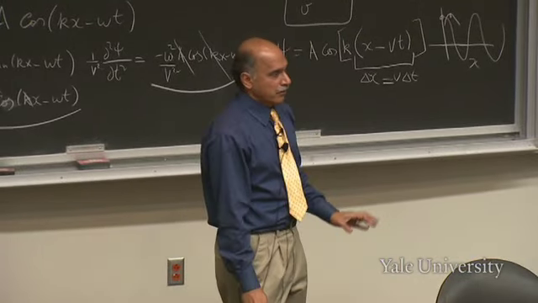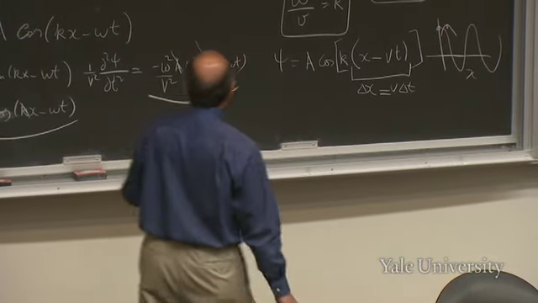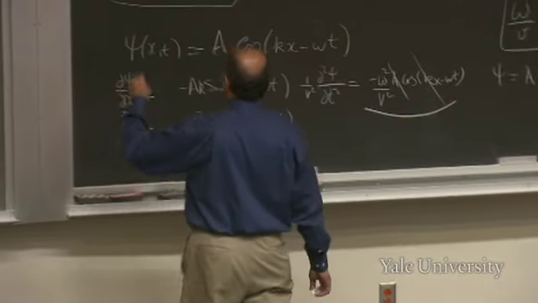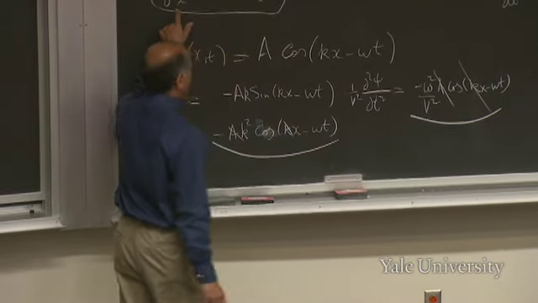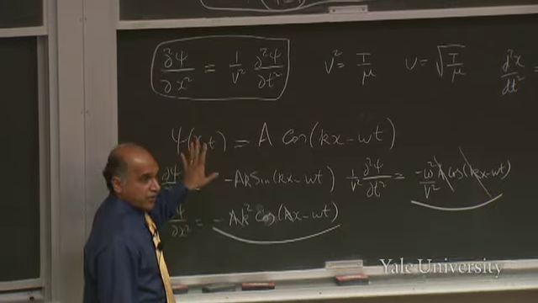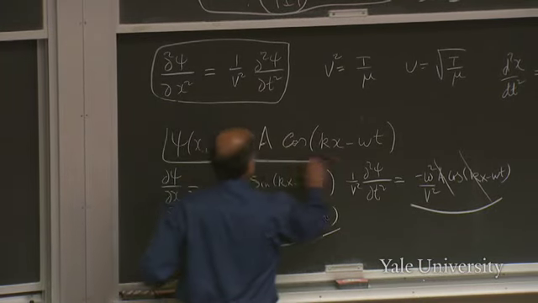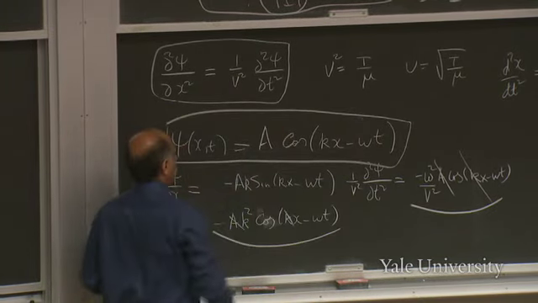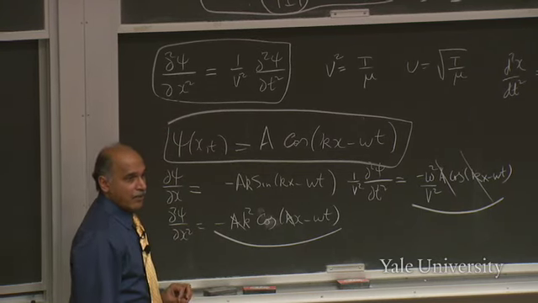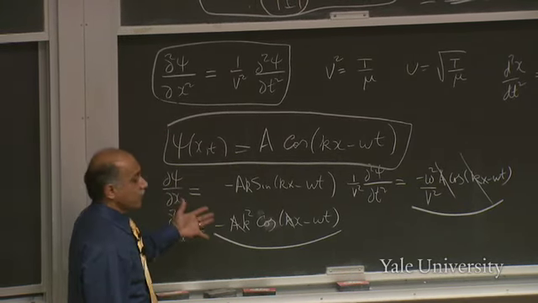So I think, to summarize what I've shown you so far, is that when you take a string and you have a tension on it, you pull it and let it go, it vibrates according to this equation. That's the first statement. This is a solution. I'm not telling you it's the most general one or the only one or anything. I want us to at least have one concrete solution.